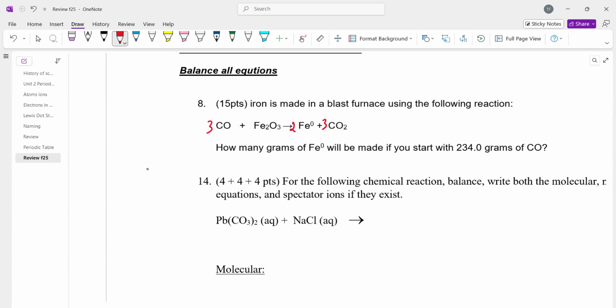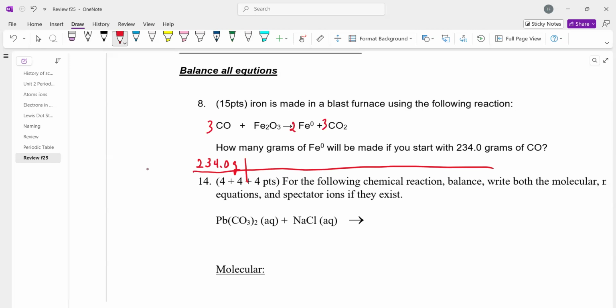All right, so if we start with 234 grams of carbon monoxide, how many grams of iron metal are we going to get? So we're starting with 234 grams. Now, the stoichiometry problem.